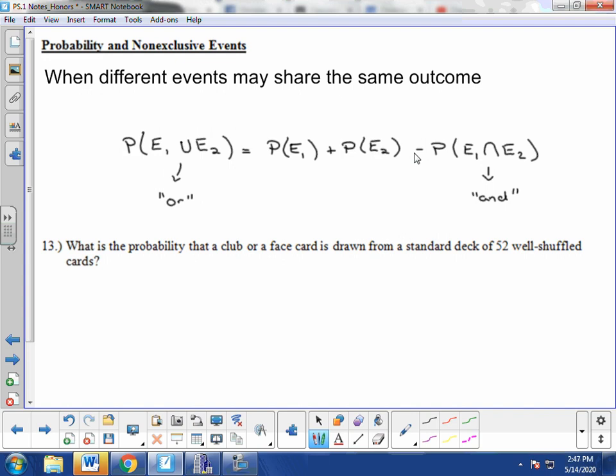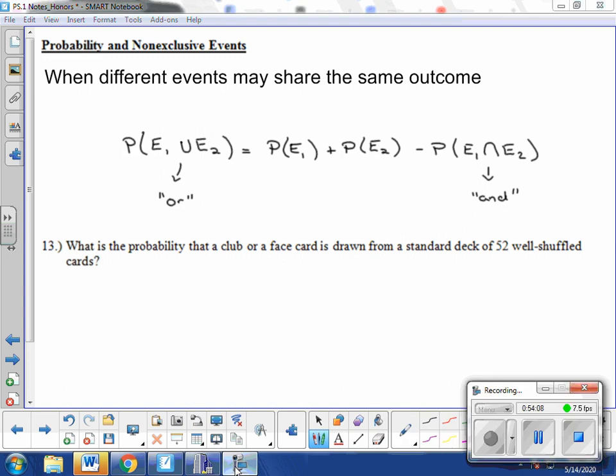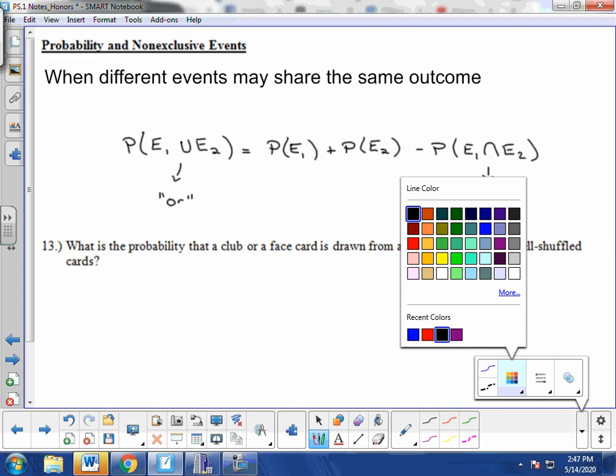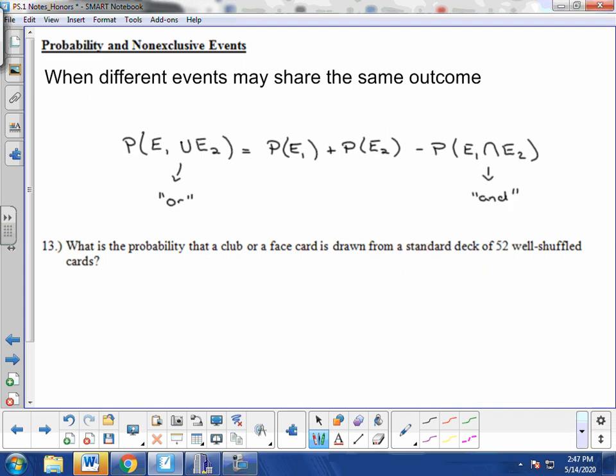So let's look at a problem that has a little bit more application to it. Problem 13 says, what is the probability that a club or a face card is drawn from a standard deck of 52 well-shuffled cards? So in this example, event 1 is that we're going to draw a club. Event 2 is that it's going to be a face card.